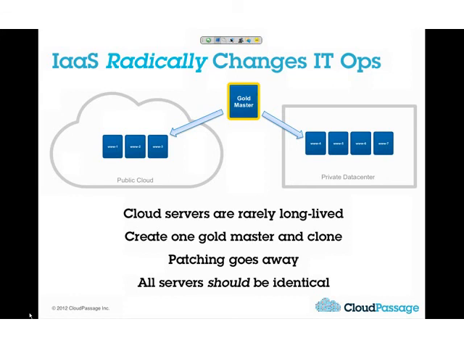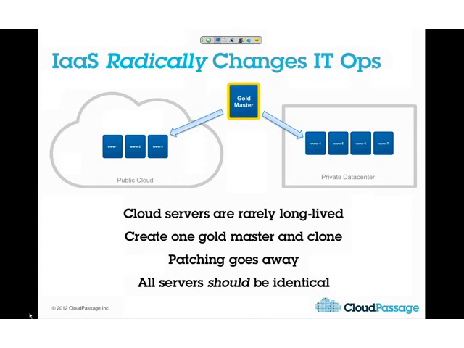It'll be less than a week between when a server is created and when it's actually destroyed and then updated with a new image from an updated gold master. And so the difference there is that you no longer have the need to go in and manually patch servers. Instead, you're just recloning them. And you need to look at servers very differently in that they're all simply identical clones of each other.